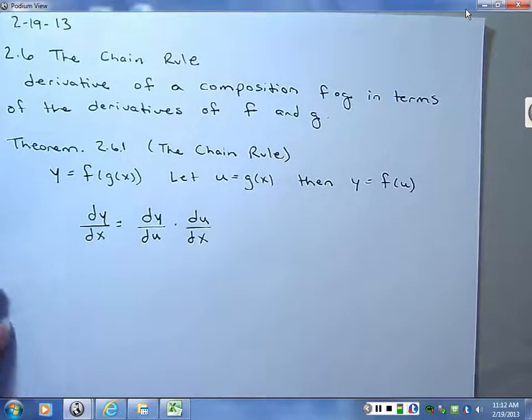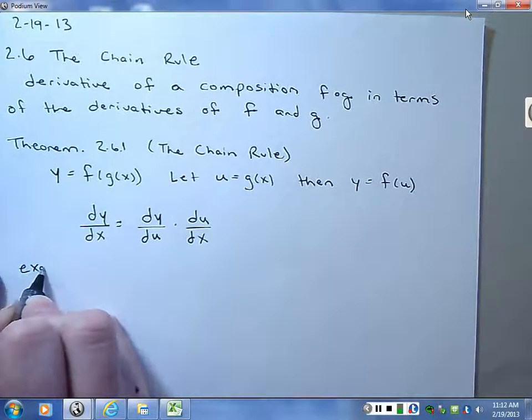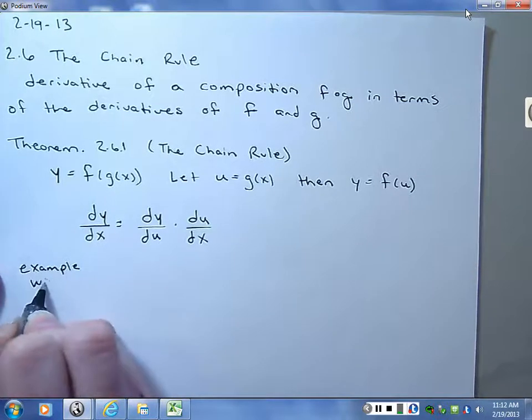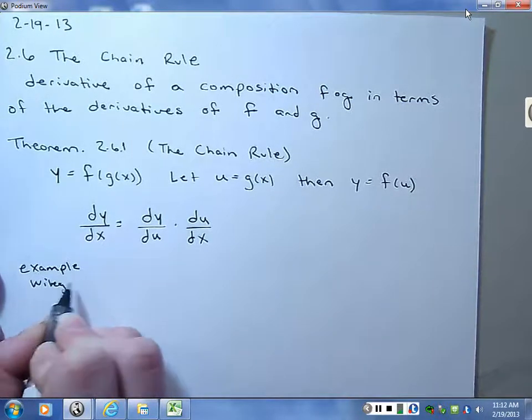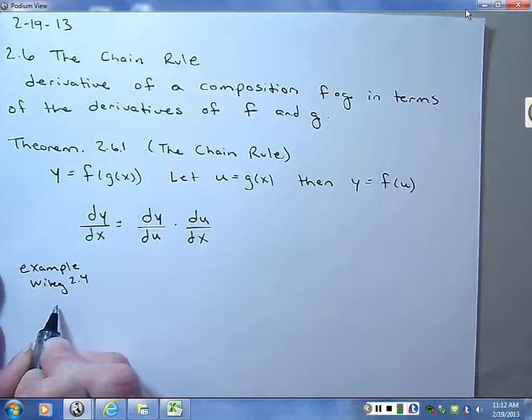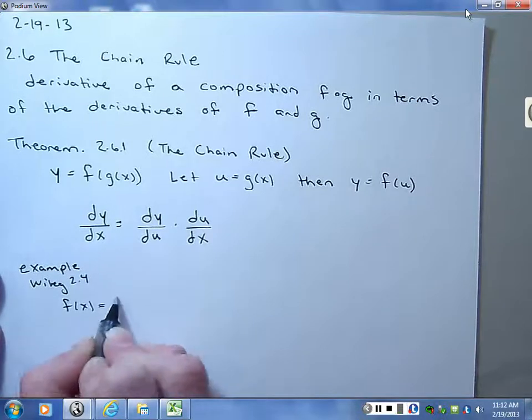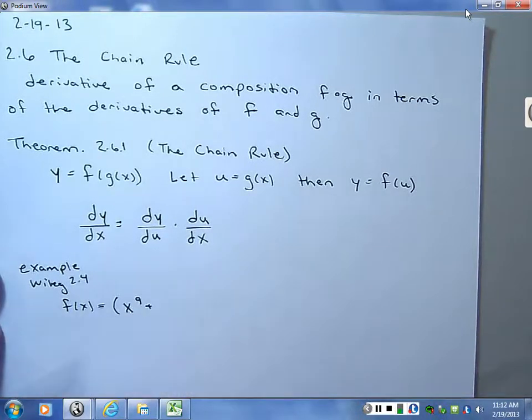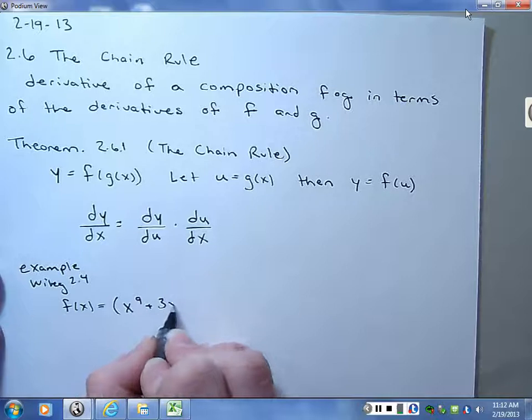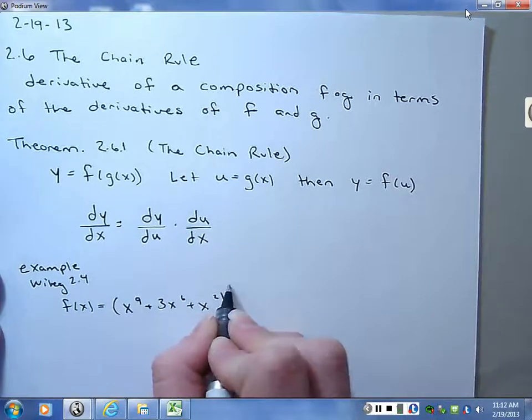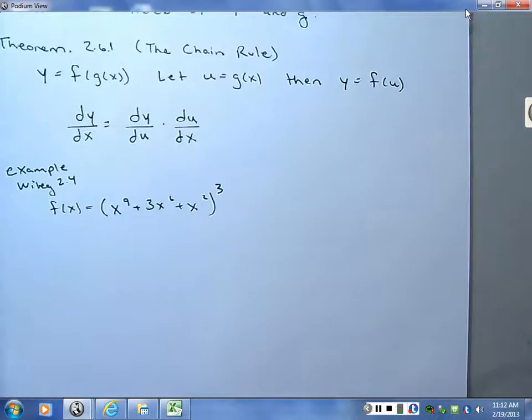So let's look at the example that's from Wiley, I think 2.4. If I have f of x equals x to the 9th plus 3x to the 6th plus x squared, cubed. What I can do here is let the inside function be u, and then I have a function just u to the third power, which I can differentiate really easily.